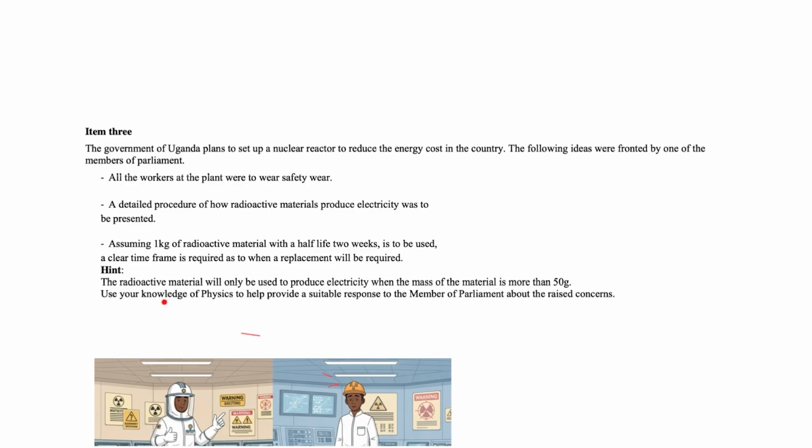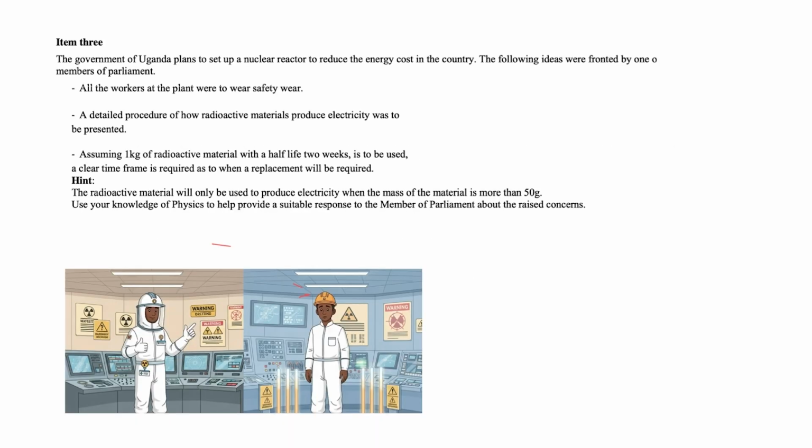Use your knowledge of physics to help provide a suitable response to the member of parliament about the raised concerns.